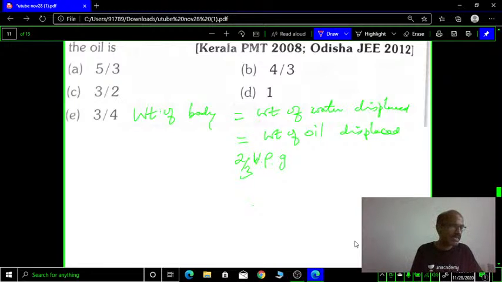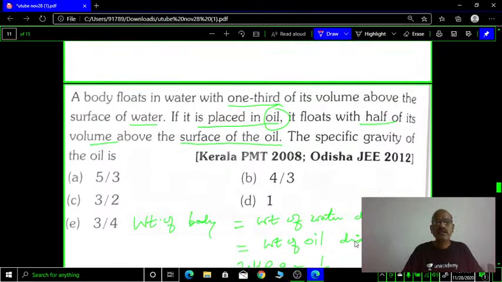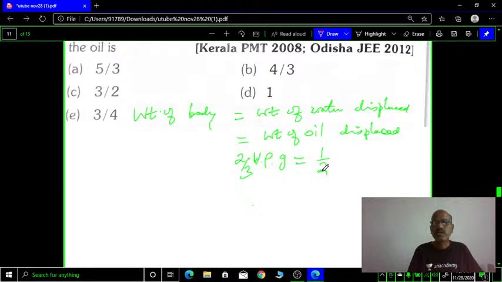That is equal to, we know that, the weight of the oil displaced. It is given that half of the volume is above the surface of the oil. See the question, right? So, half of the volume into density into g.